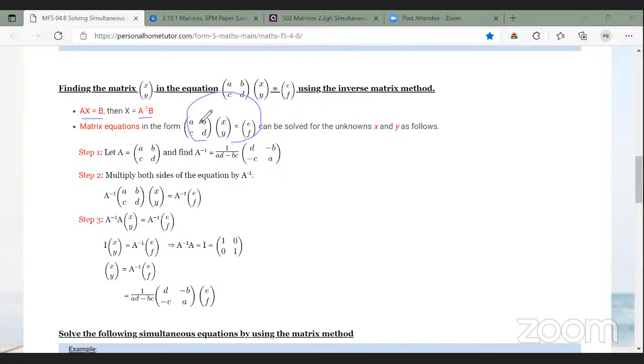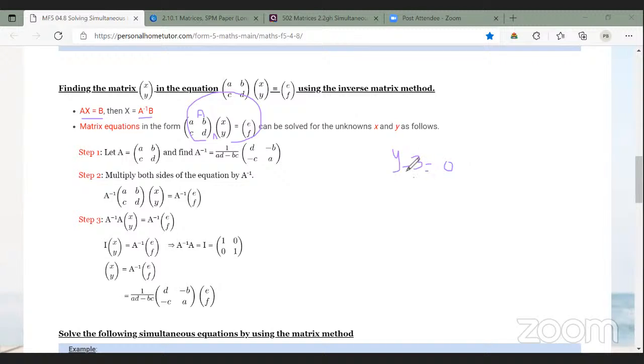So let's say this is matrix A. And so if you want to get rid of matrix A on this side, in simultaneous equations it's relatively the same concept, where if you want to remove something from one side, you have to do the opposite operation to get it to the other side. Like let's say y minus 3 equals 0.